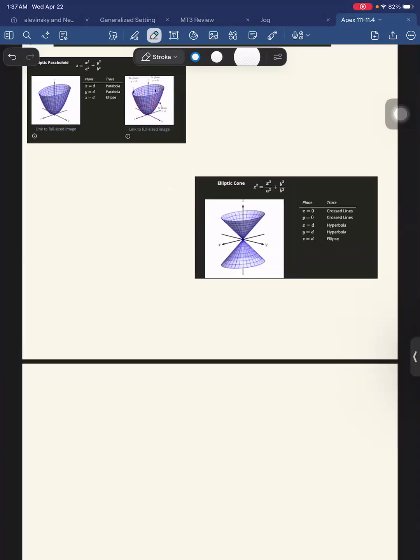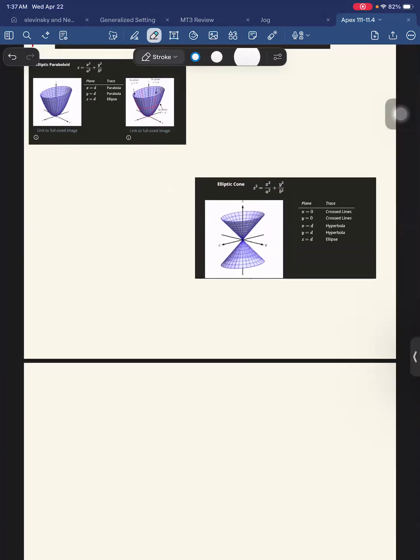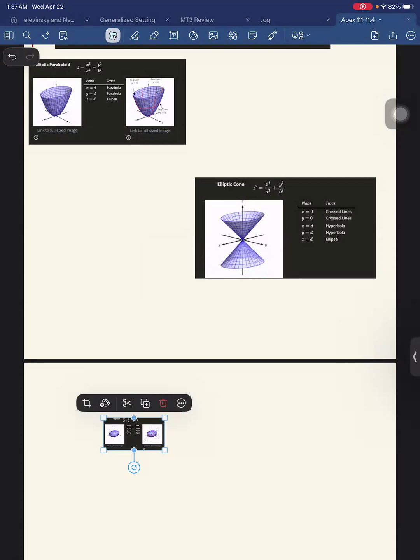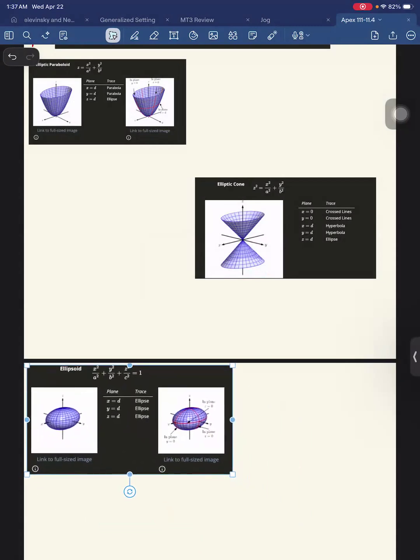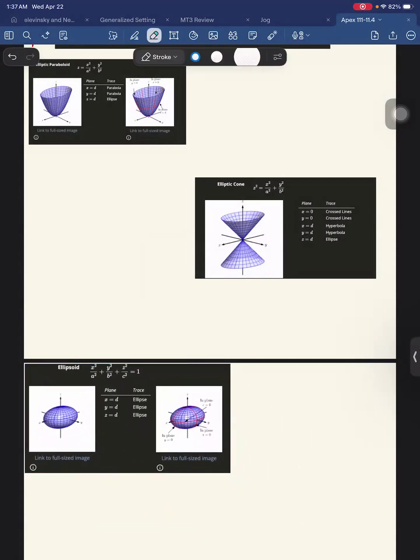What about the ellipsoid? This is for the ellipsoid. This is for the hyperboloid of one sheet.